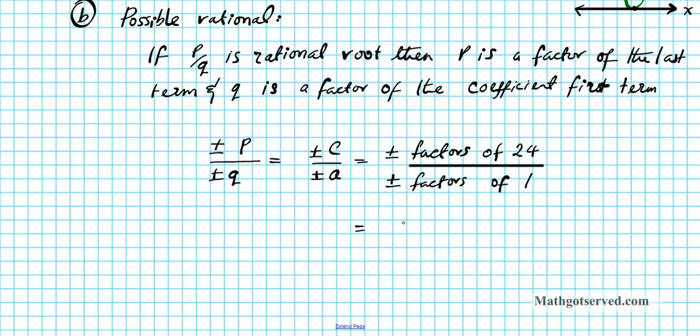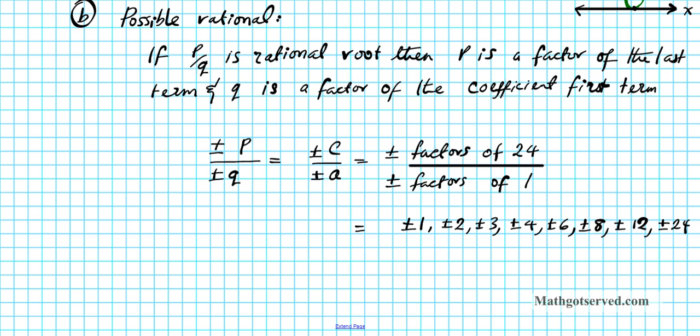All right, so what is this going to look like? Let's list the factors of 24: plus or minus 1, plus or minus 2, plus or minus 3, plus or minus 4, plus or minus 6, plus or minus 8, plus or minus 12, and then plus or minus 24.